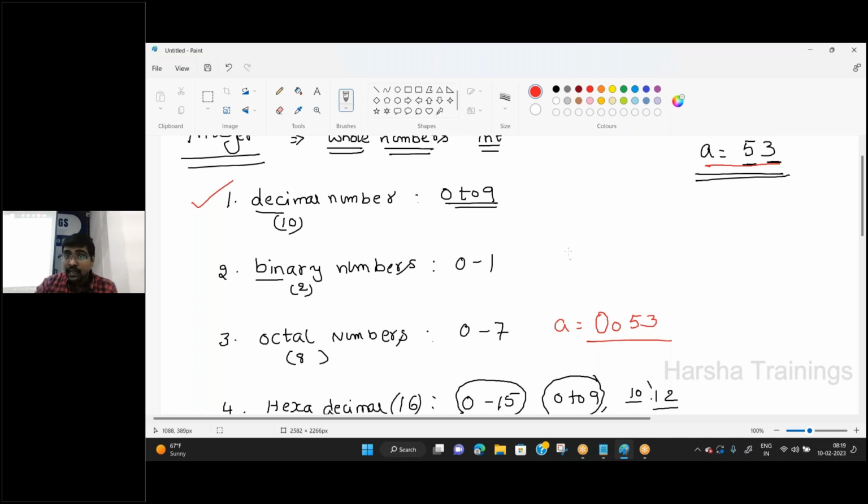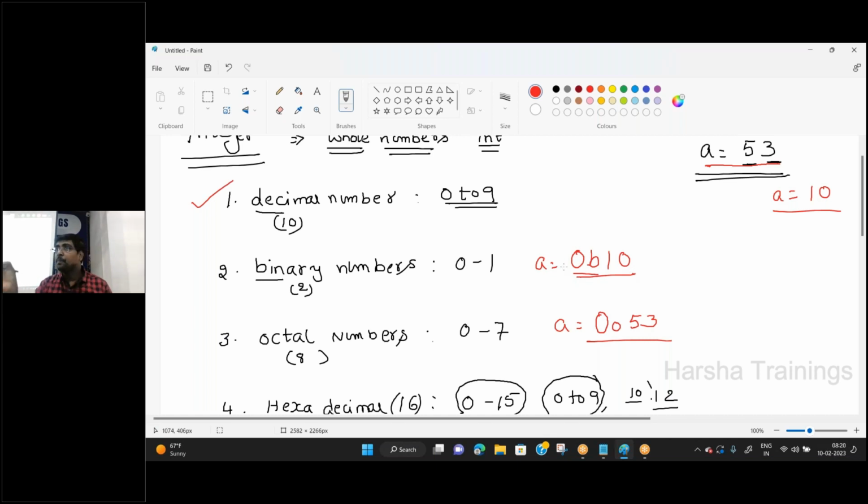Now suppose A is equal to 10. Is 10 a binary number or a decimal number? Decimal number. That is not binary 10, that is decimal 10. So any number prefixed with 0b, and always remember B and O can be either uppercase or lowercase, like 0b10, then only it is a binary number.